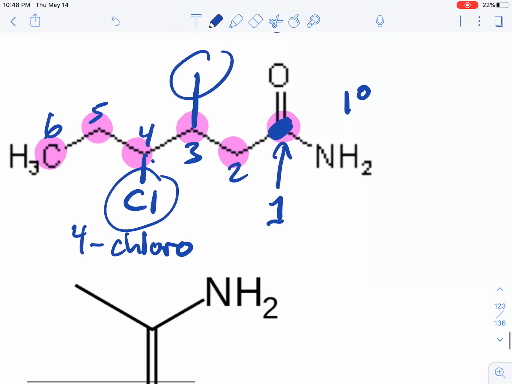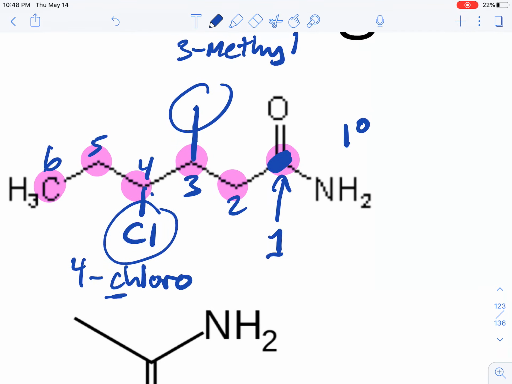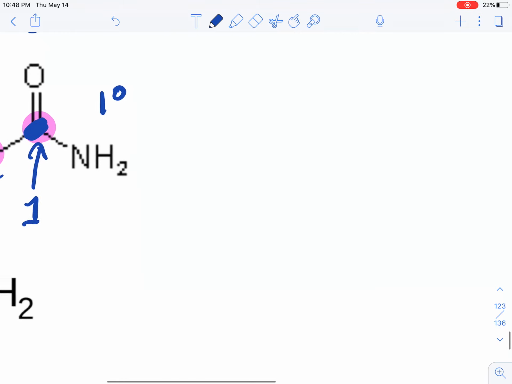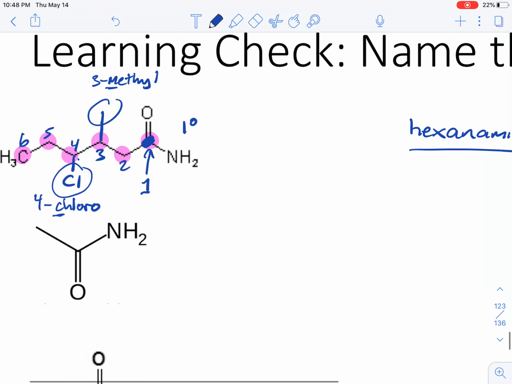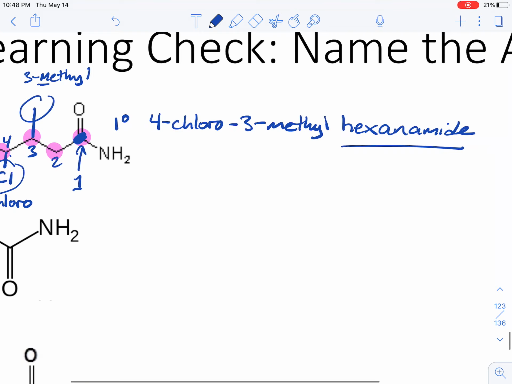So since I have 2 different substituents, I have to organize them. I have to list them alphabetically. So the C comes before M. And so here in this case, I have to describe my chloro first. So this is 4-chloro. And then I'll have my 3-methyl. And so I don't need to indicate that this is going to be carbon 1, right?